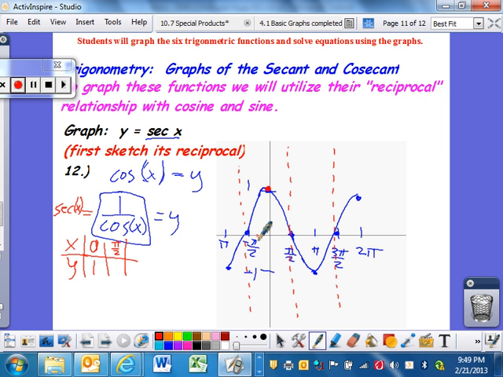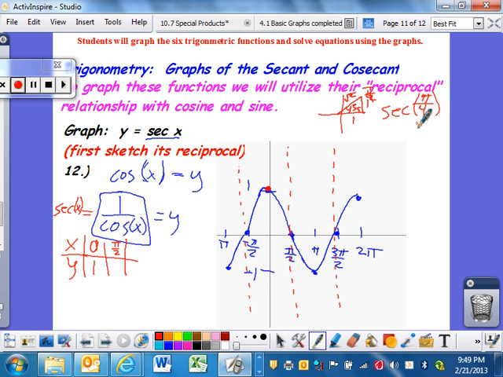Okay, so if we're thinking about pi over 4, we're thinking about a 45-degree triangle. So we're talking about 1, 1, square root of 2, with our 45 and our 90. If we talk about secant of pi over 4, it's 1 over cosine.